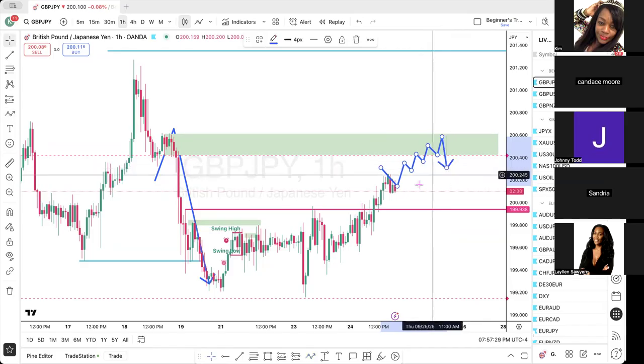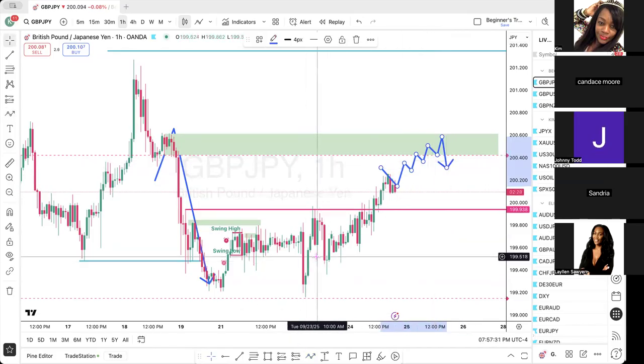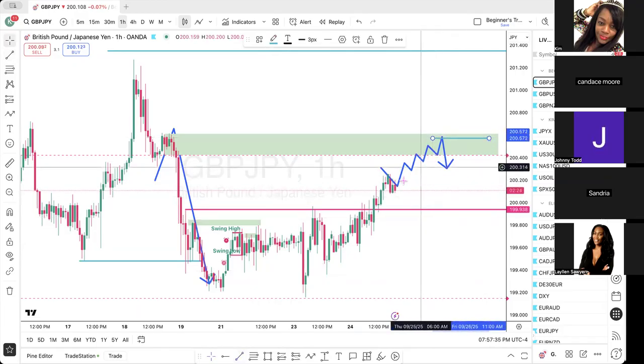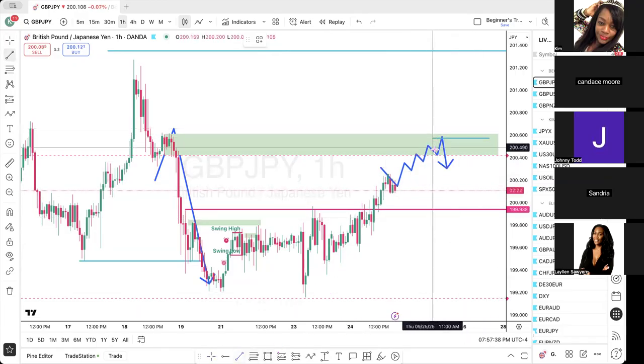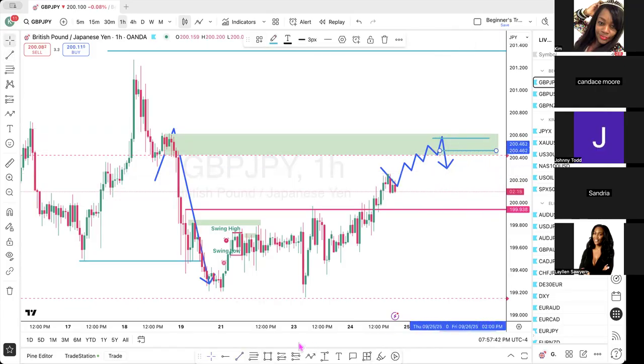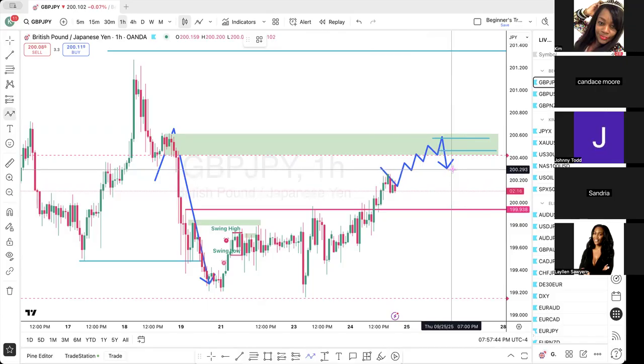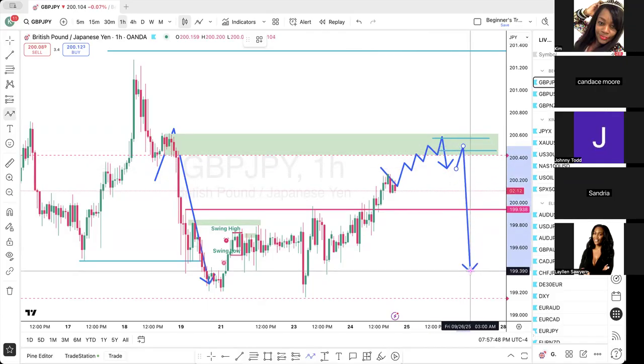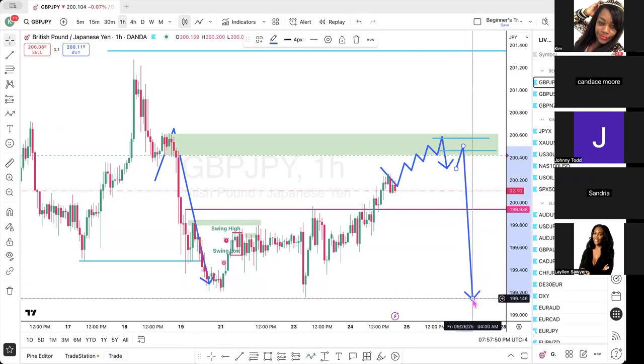Once I see the shift of structure, I'm going to look for an order block with an imbalance somewhere up in here, set my limit, wait for price to come back, and then sell down to the next low.